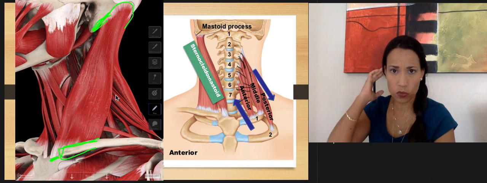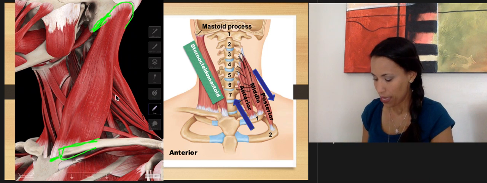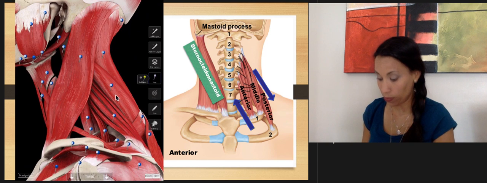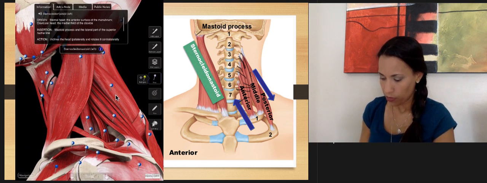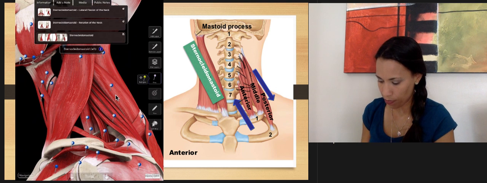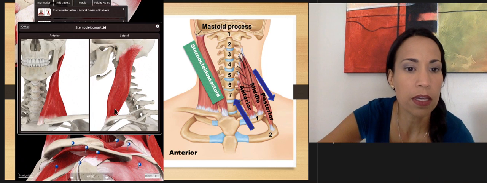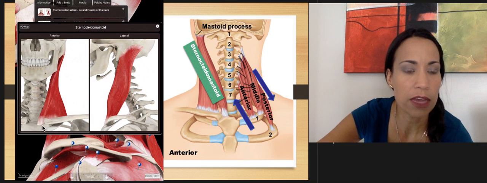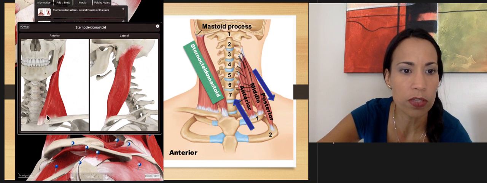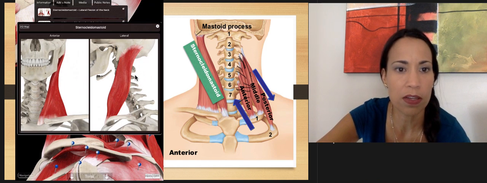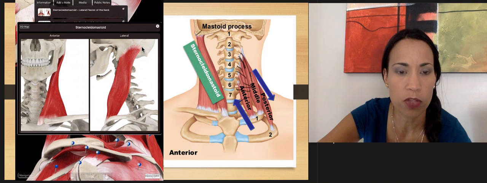And it attaches also on the occipital bone, by the way. So, what muscle is that one? The sternocleidomastoid. Let's see the sternocleidomastoid right here. You can see the origins. It has two heads, the sternal and the clavicular head, and the insertion is on the mastoid process of the temporal bone and the occipital bone.